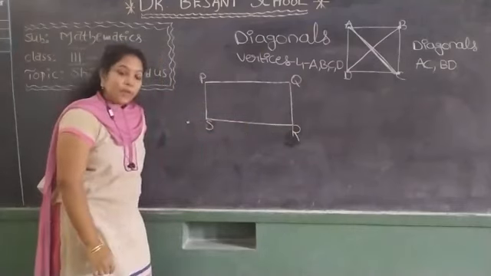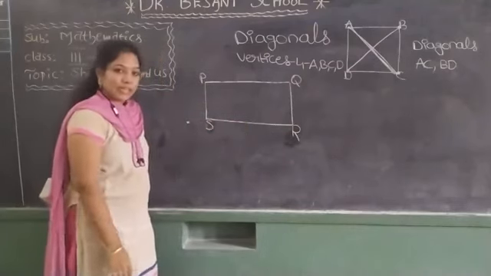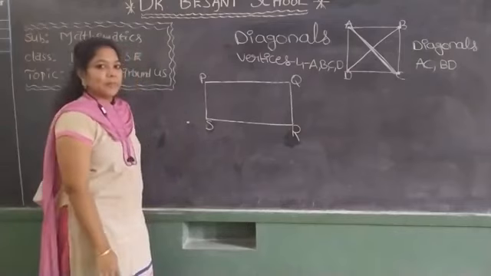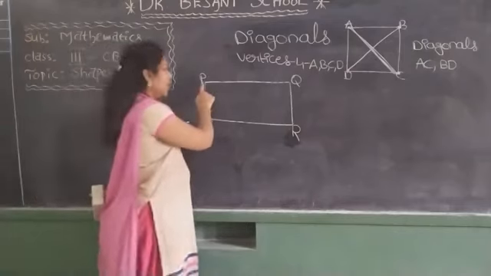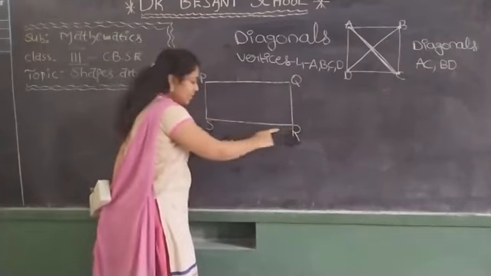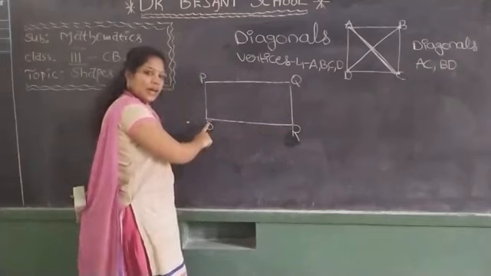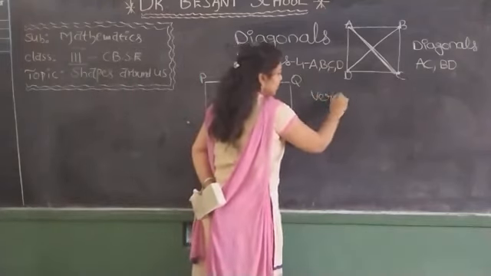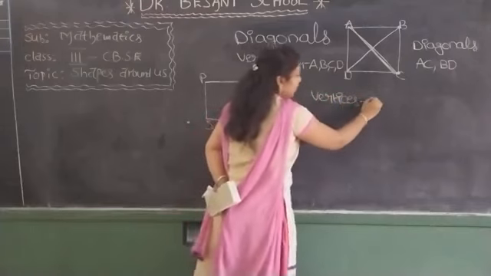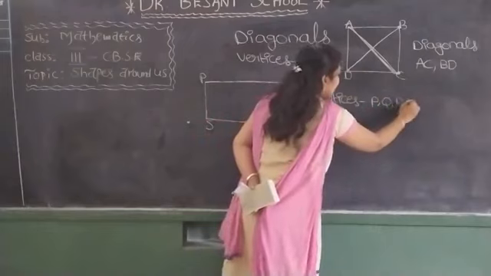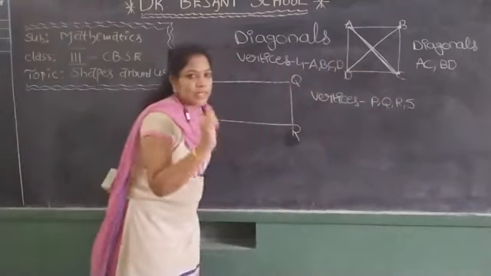Now, can you say what are the vertices for this rectangle? Good children. P, Q, R and S are the vertices.